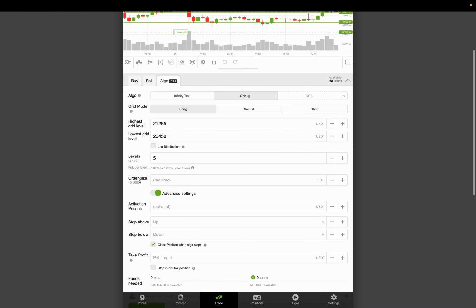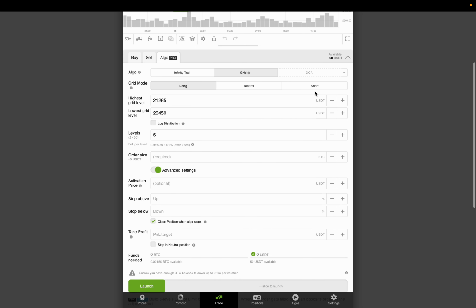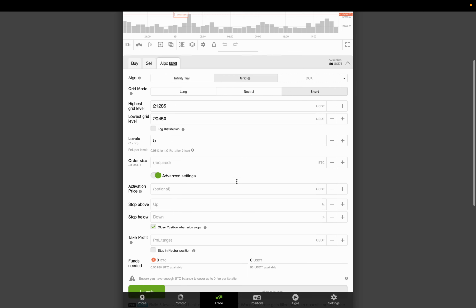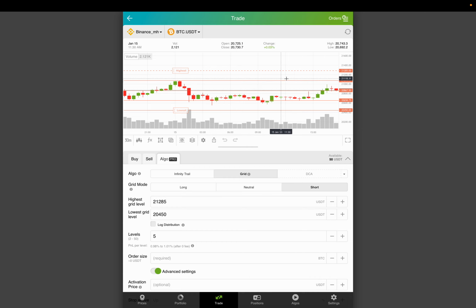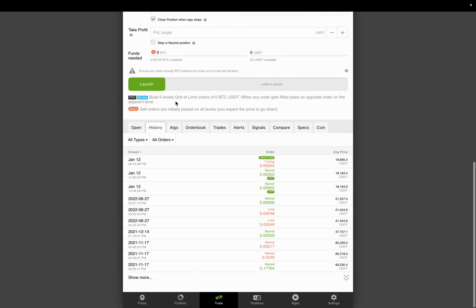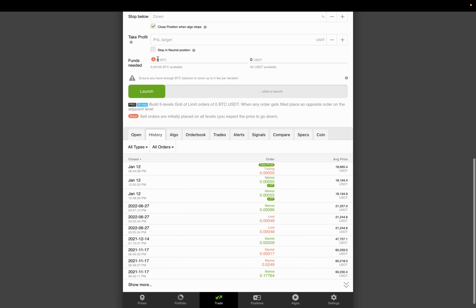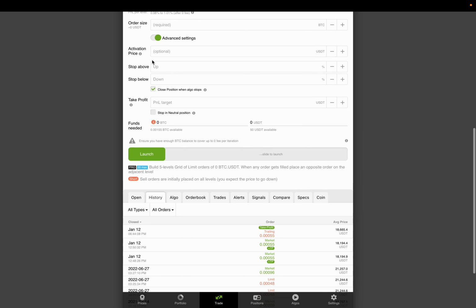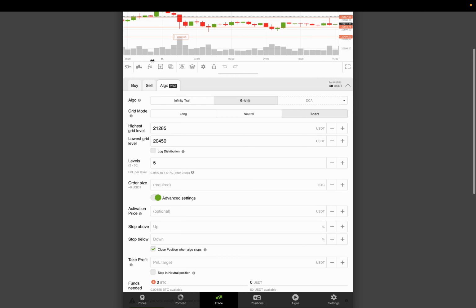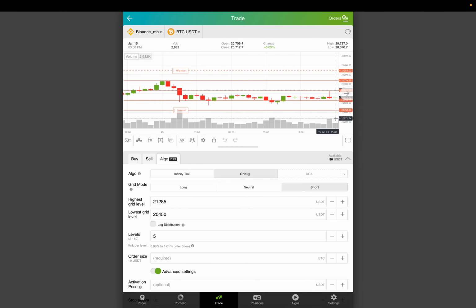So that was the long grid on spot, and now let's look at short by the same token. A short grid only places sell orders, so it only requires BTC here, right? For all the four levels, it will need only BTC. We are selling on all levels, so you only need BTC to sell.